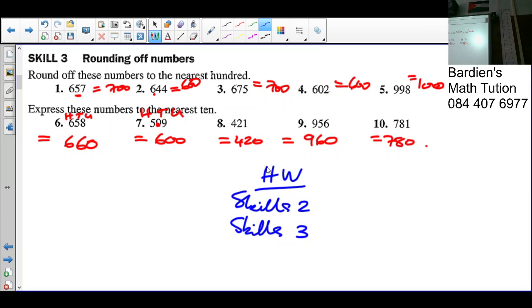As you can see, there's a whole number of practice there. It's a bit more than what we have done. I only want you guys to do the odd numbers in skills 2 and the odd numbers in skills 3. So don't do the whole exercise. It's only the odd numbers I want you to do. And this is on page 15.